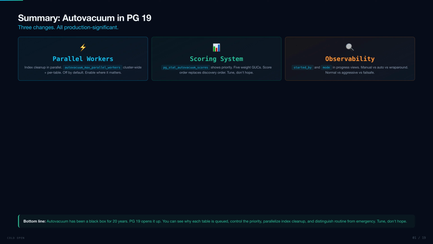Score order replaces discovery order. Tune, do not hope. Observability, started_by and mode in progress views. Manual versus auto versus wraparound. Normal versus aggressive versus failsafe. Bottom line, autovacuum has been a black box for 20 years. PostgreSQL 19 opens it up.